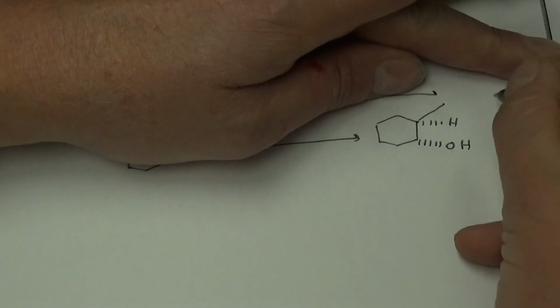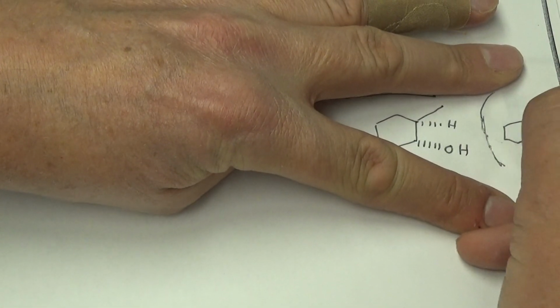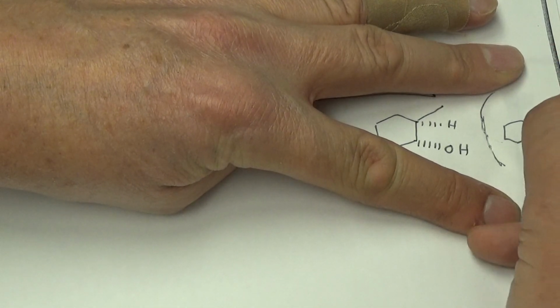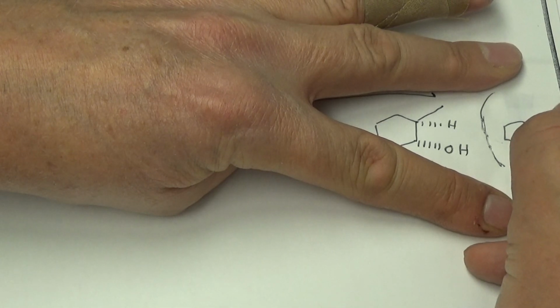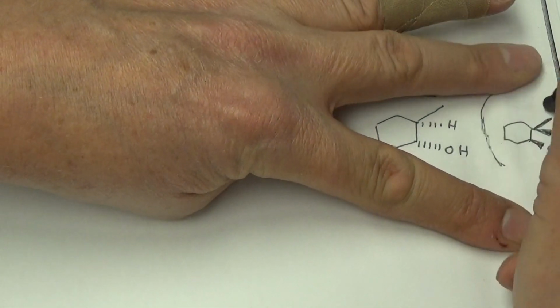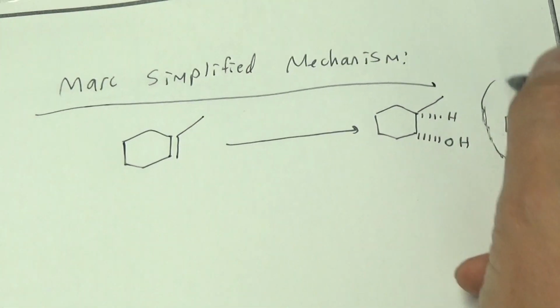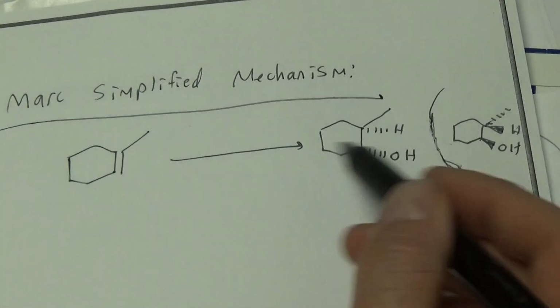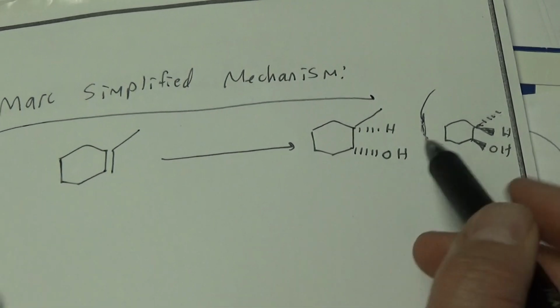So there's also the enantiomer of this that's formed, with H and OH. That's not that critical. For the sake of the mechanism, we're just going to focus on this one enantiomer, but they both actually do form.